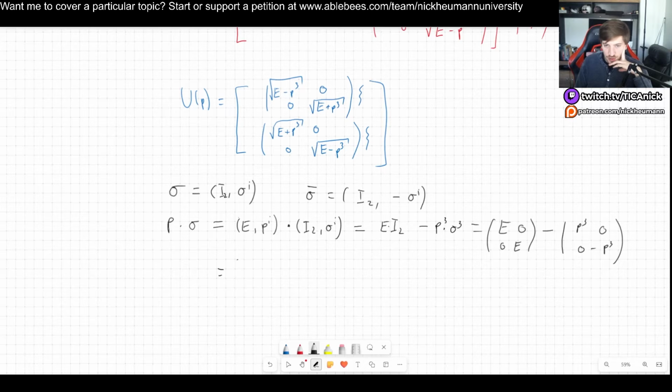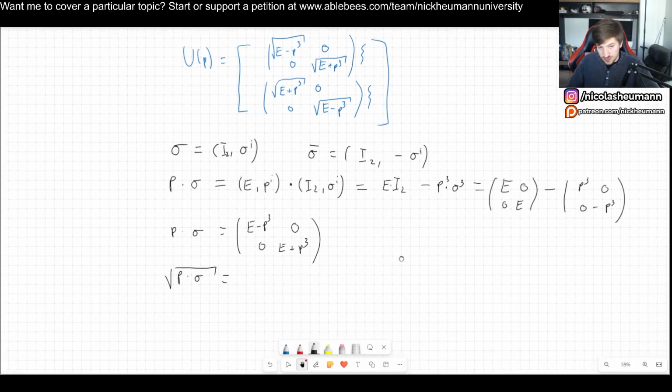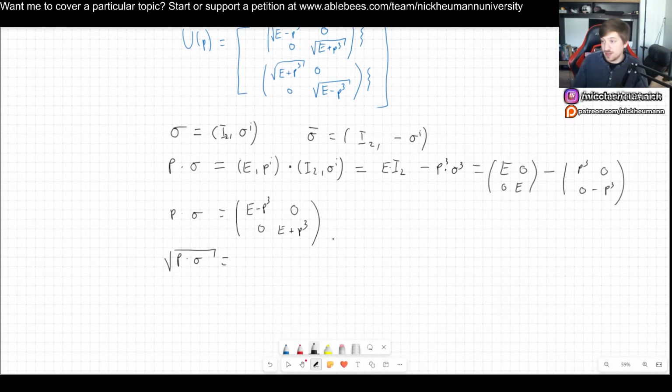So we put all that together and we get e minus p3, 0, 0, e plus p3. And now we can take the square root, because this is p dot sigma, and the square root of a matrix is the square root of its eigenvalues. Since this is a diagonal matrix, the eigenvalues are the elements of the diagonal.